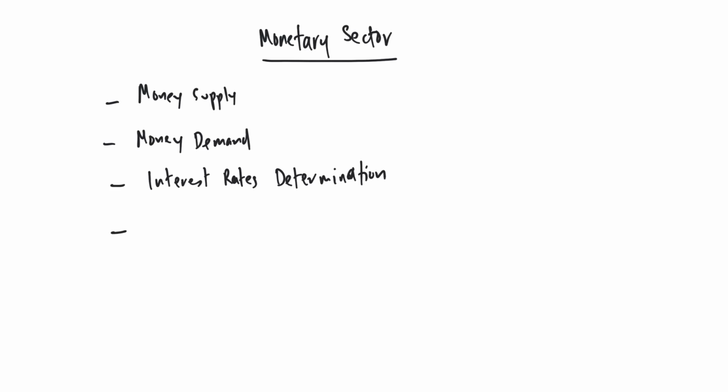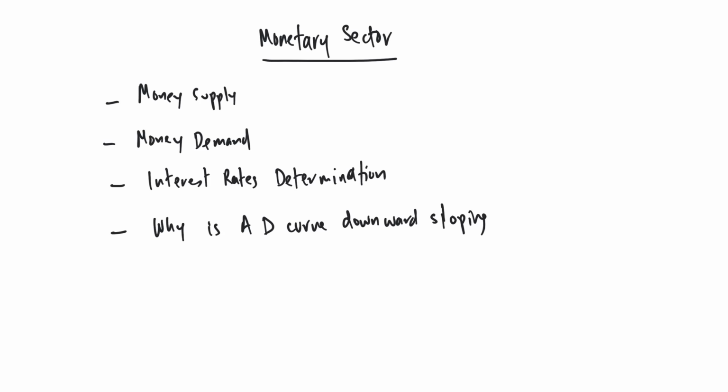And also, we will look at why the AD curve is downward sloping. So we look at the effect of interest rates and how it affects your demand for goods and services. So these are the four things we look at within this chapter.